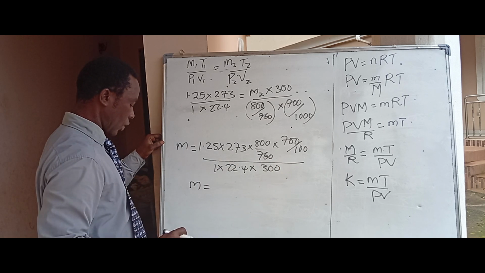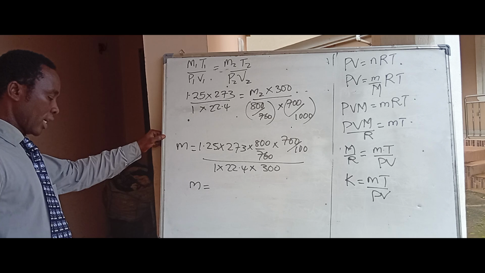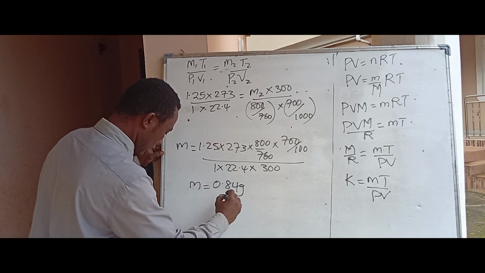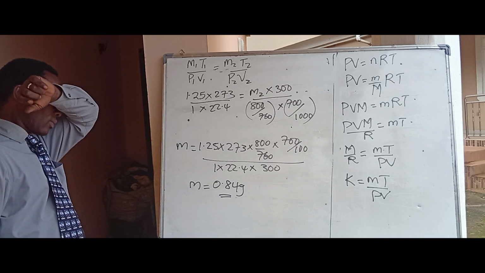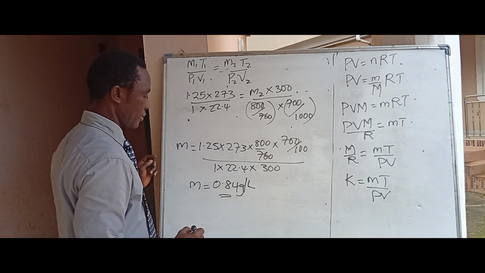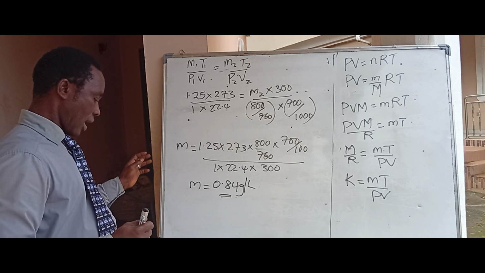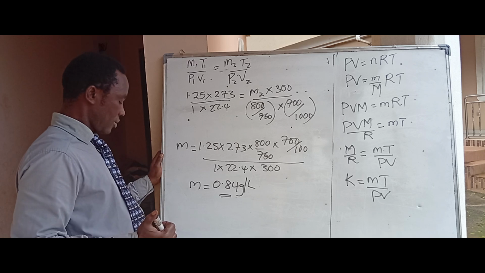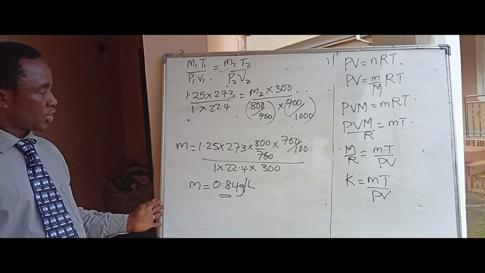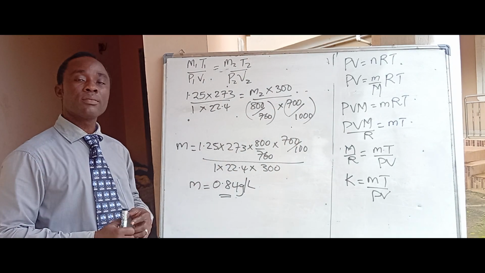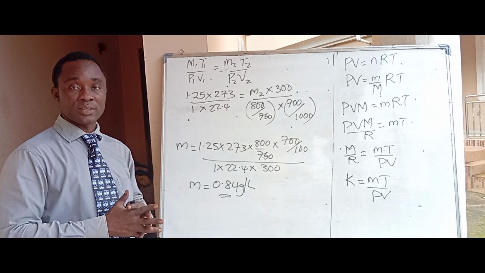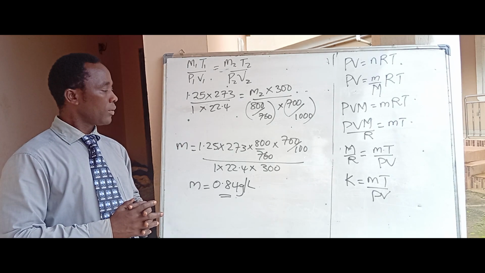When you use your calculator, you will get that the mass is 0.84 gram. I think I have not made any mistake while solving. Cross-check by punching your own calculator, but I've given you the processes from where you can get the mass.